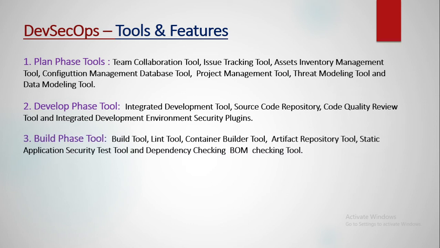Next one is build phase tools. In the build phase, we can use container build tools, artifact repository tools, and static application security test tools. Also, by using these tools we can reduce human mistakes, increase code reliability, and find errors before execution.